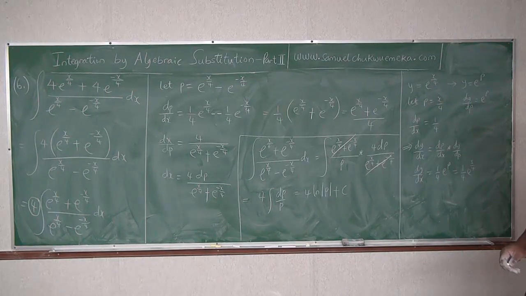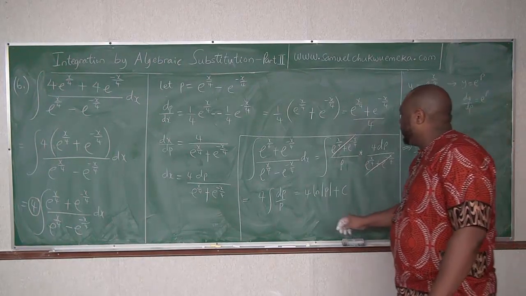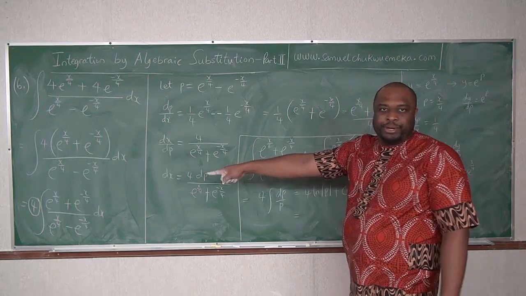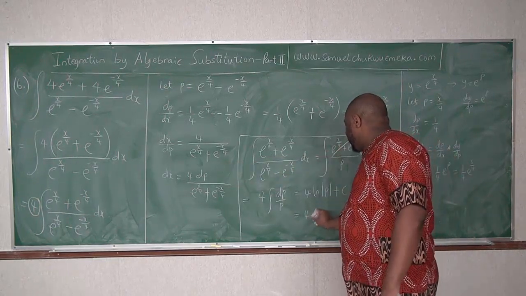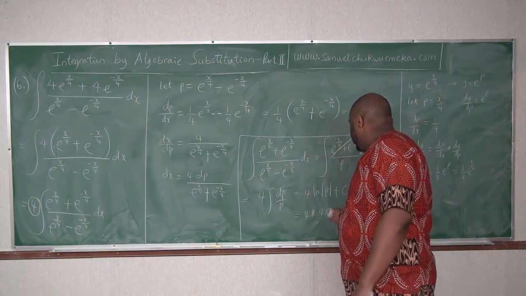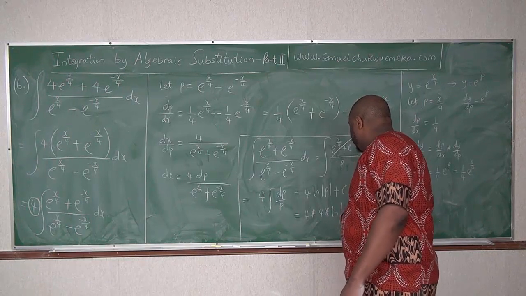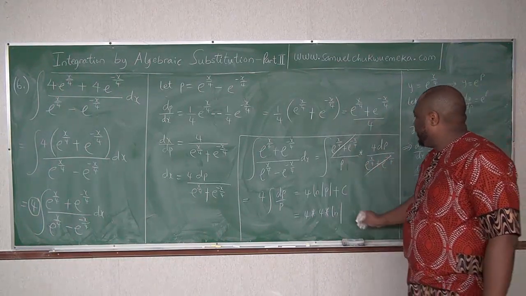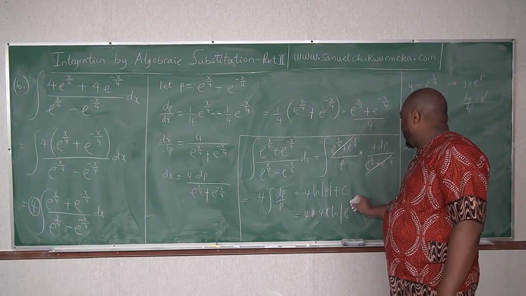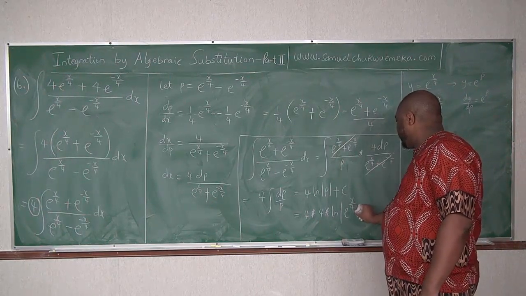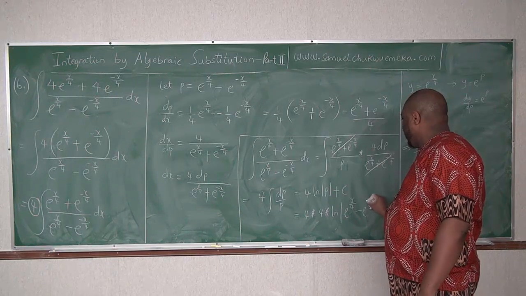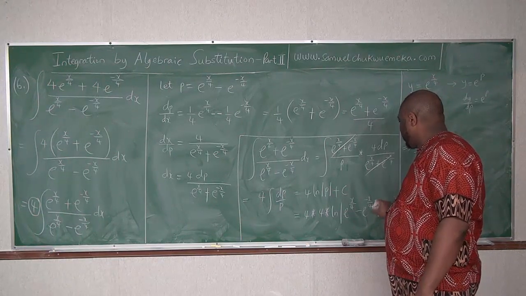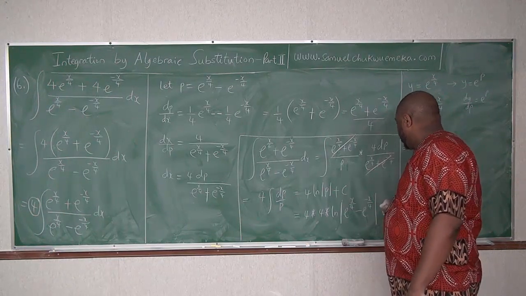Which is, let's now bring that 4, 4 times 4 times ln absolute value of our p, which is e exponent x over 4 minus e exponent negative x over 4, absolute value, plus c.